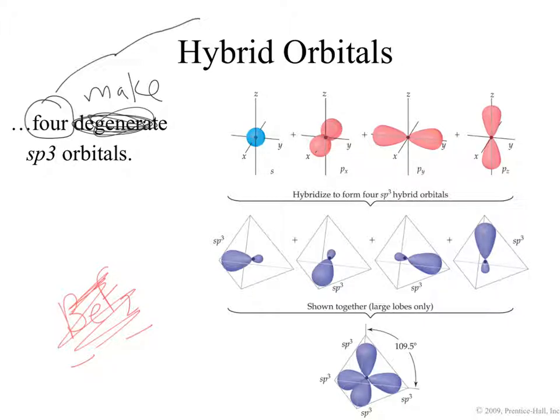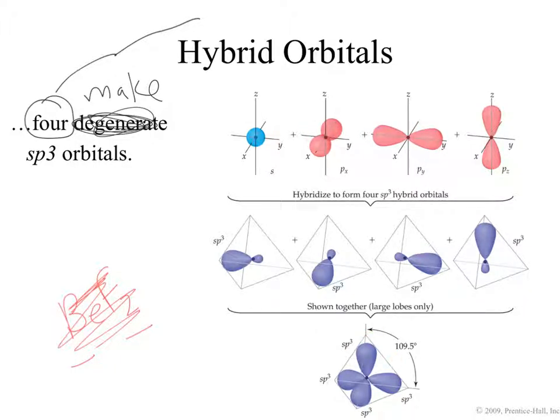And the babies that come out will have some s character and some p character, and they're going to have more p character because they're being made by more p daddies. So each one we would call sp3. And there are four of them because we're making them from one s plus three p's.